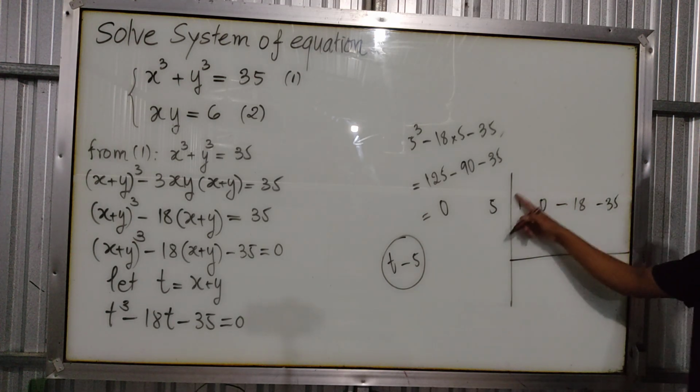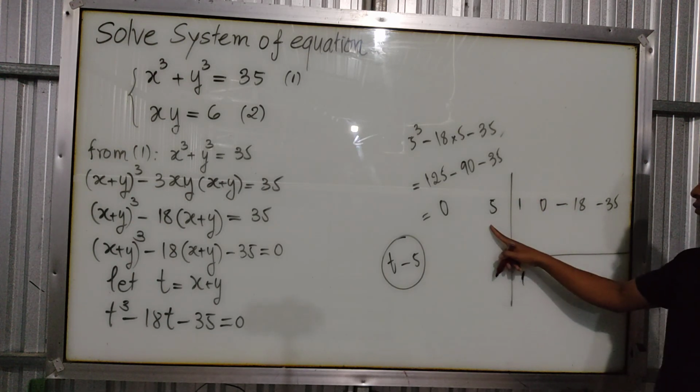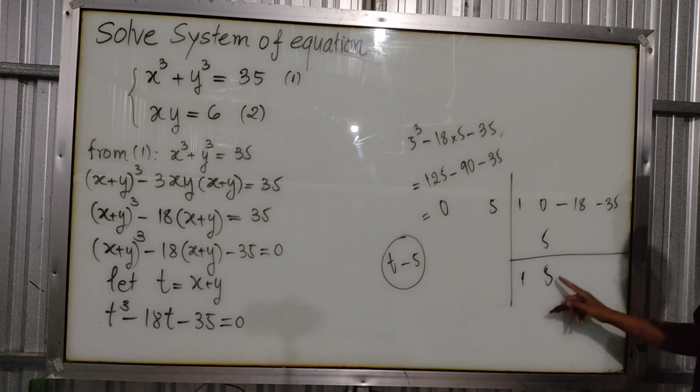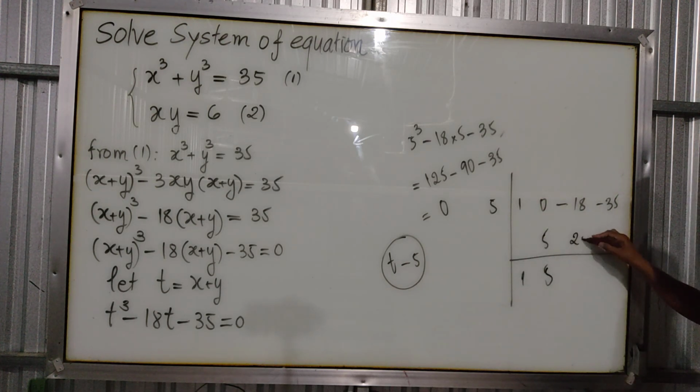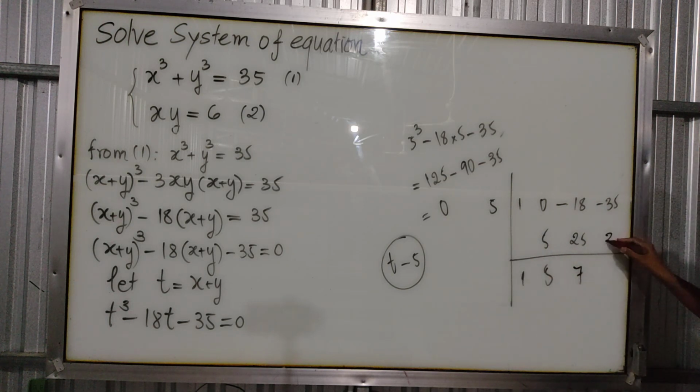We take 1 down. 1 multiplied by 5 is 5, and adding we get 5. 5 multiplied by 5 is 25, adding we get 7. 7 multiplied by 5 is 35, and adding we get 0.